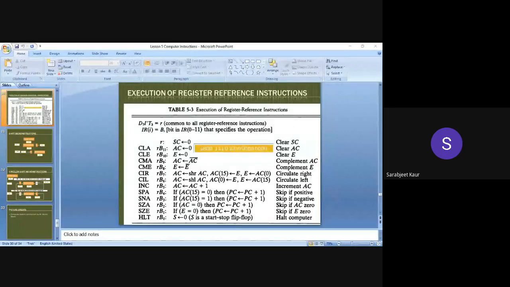Okay, so you can see R here, right? So R is prefixed before the micro instruction which is listed for the execution of these register reference instructions.